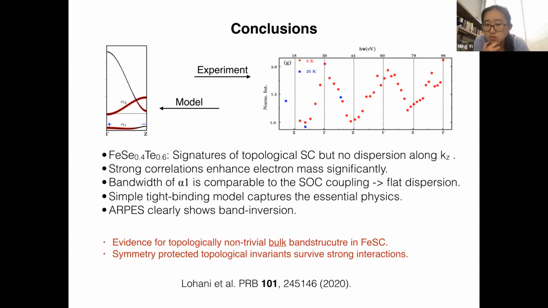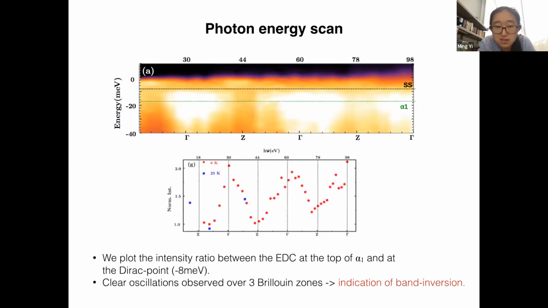So can I just add, even though you cannot see the XZ band, do you still see a peak even though it's weak? So meaning that the band position is still there? We never see another band crossing into the field of view, if that's what you're asking. So when the intensity is low, say around the Z point, do you still see a weak peak due to the residual XZ spectral weight?